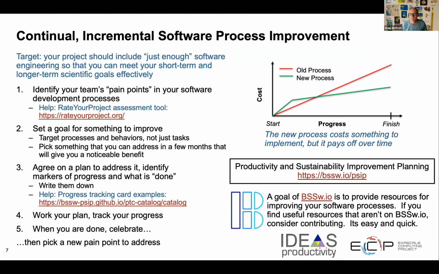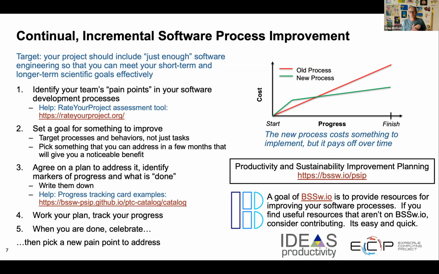So many of these improvements to the software process itself are not typically thought about in the software development lifecycle. And the IDEAS team has developed some techniques for helping you improve your own software development processes.